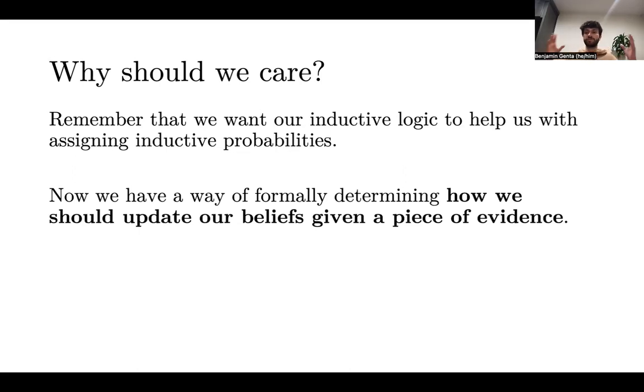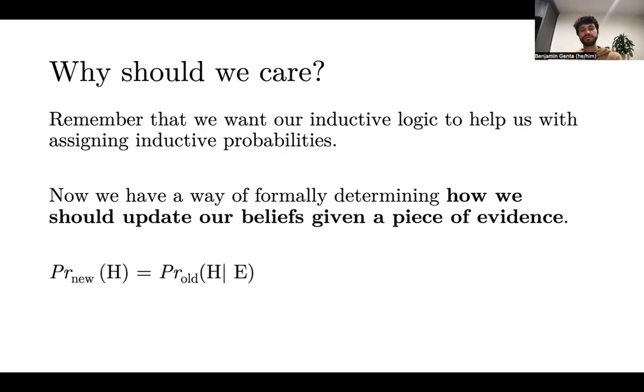So I might have a particular belief about a statement, and you show me a piece of evidence. What Bayes' rule allows me to do is to have a systematic way of updating my beliefs based on that evidence. And not only is it a way of updating the beliefs given the evidence, but it is, many people think, the right way, or at least a very good way. So what do we mean here by updating our beliefs given a piece of evidence?